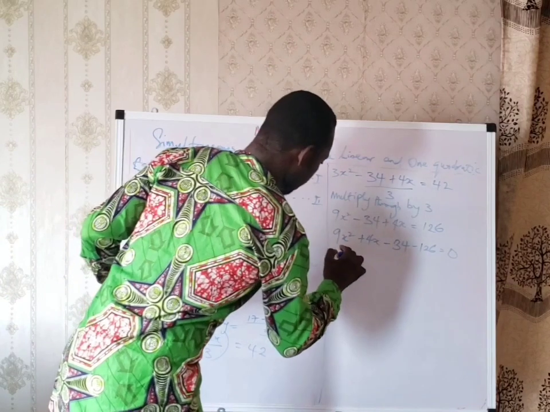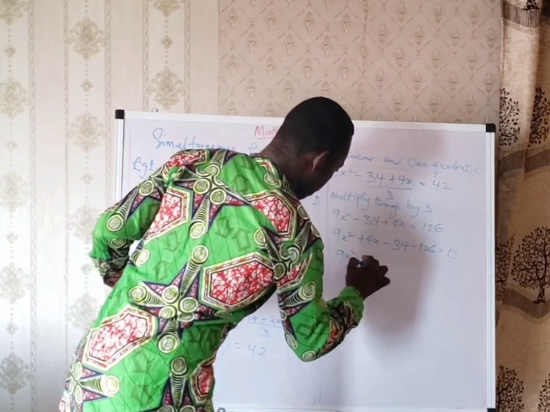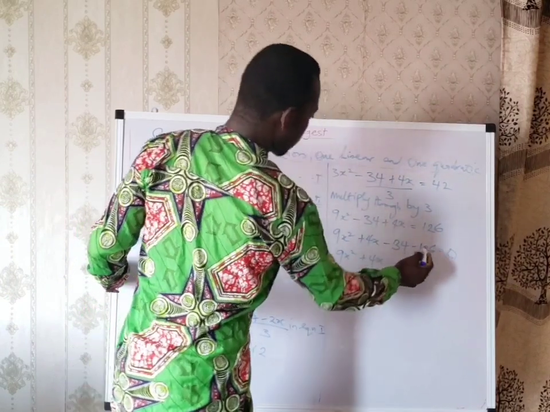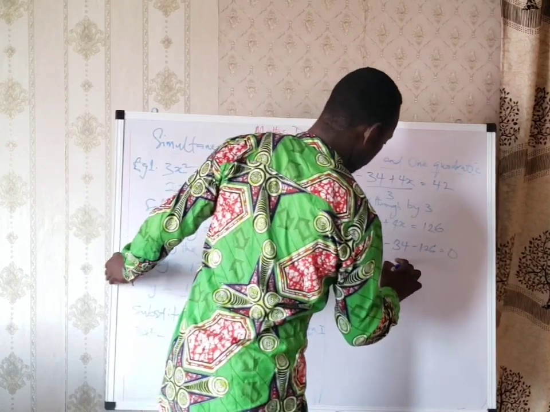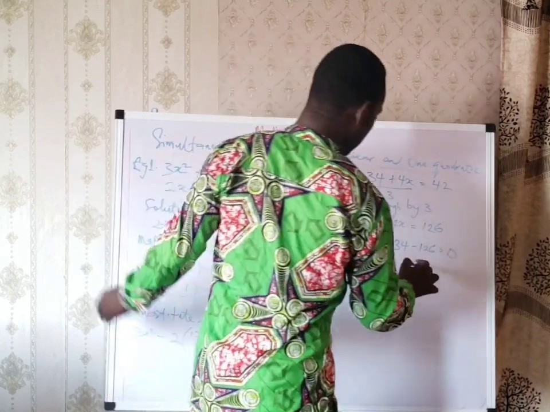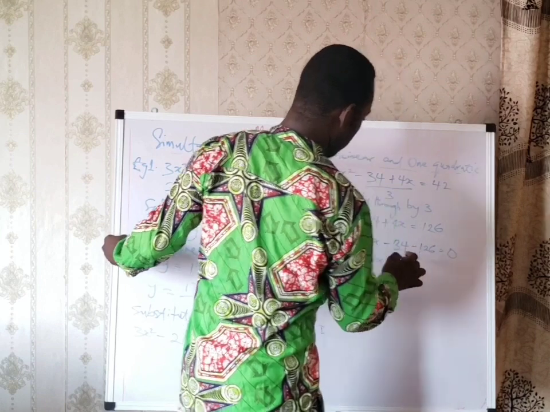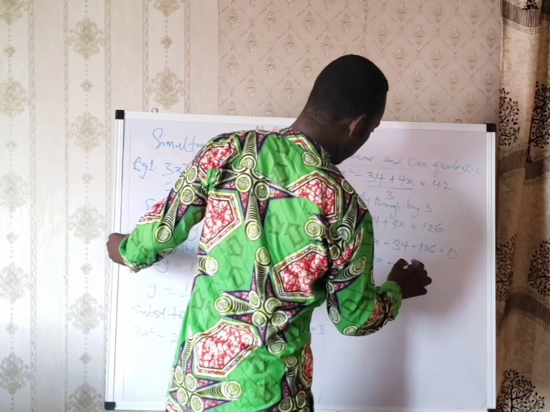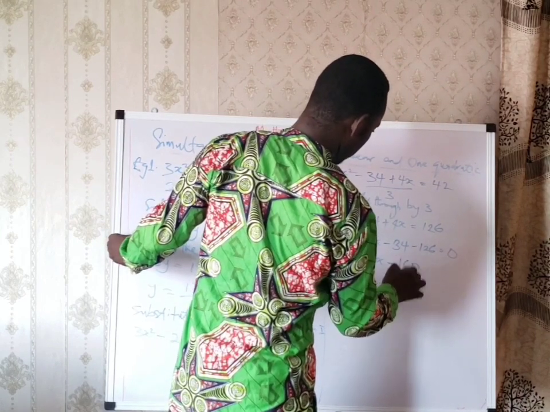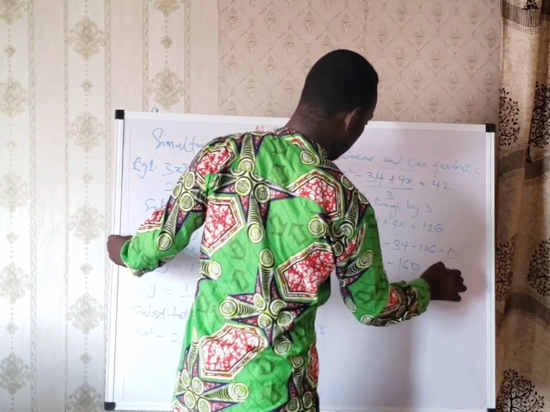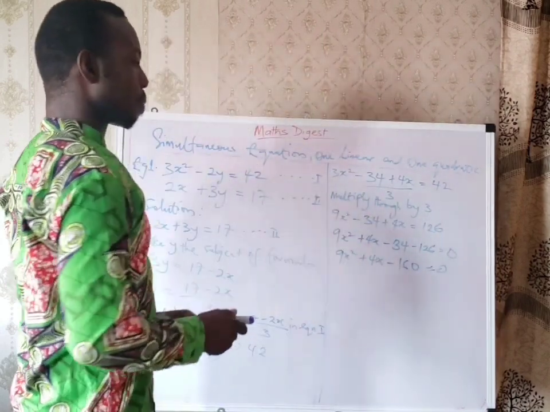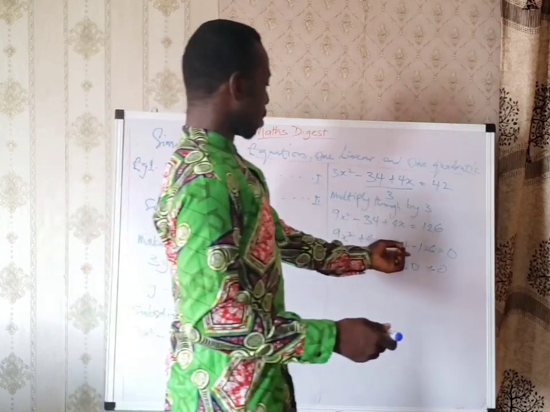Now from here we say 9x squared plus 4x, then this minus this will give you minus 160, okay. We try to add these two together.